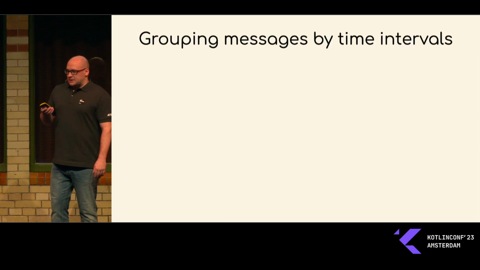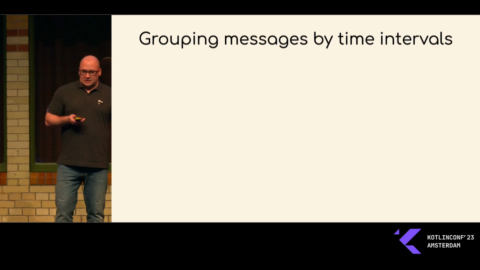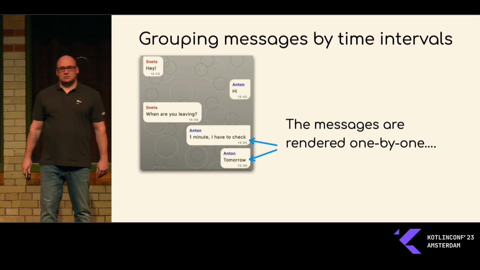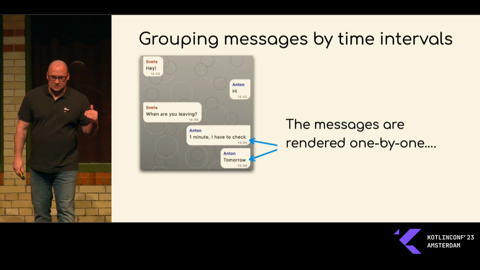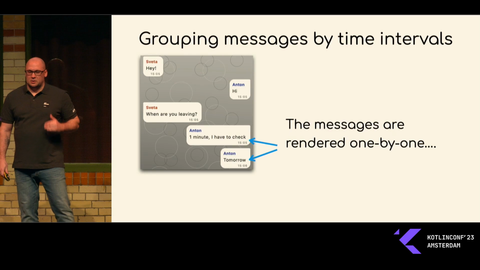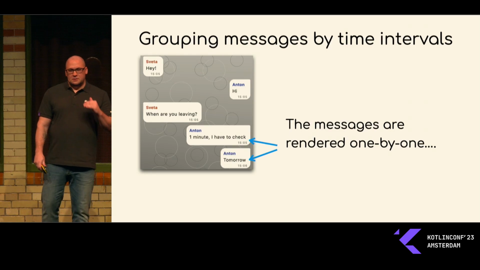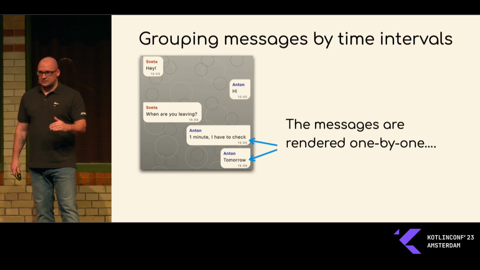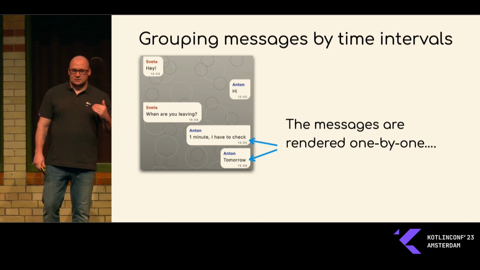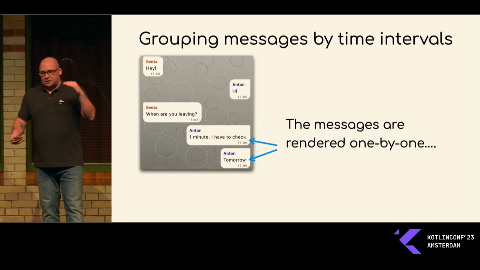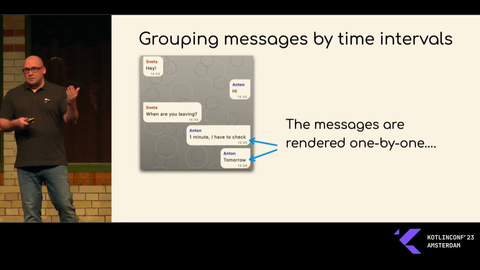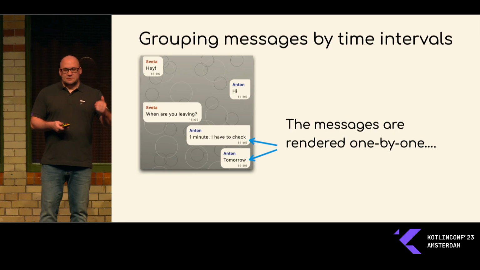So another interesting case that we have in the application is grouping the messages by time intervals. Imagine you have all those individual messages in the chat, and you render them one by one. But if a message comes from the same person who texted just a few seconds ago, you probably could merge them and append them together by some condition, if it comes from the same user.